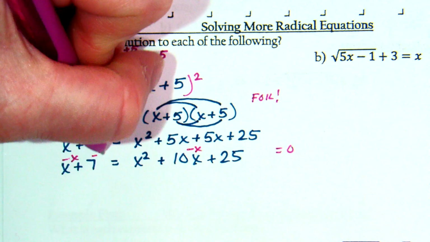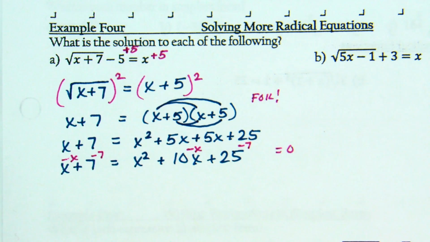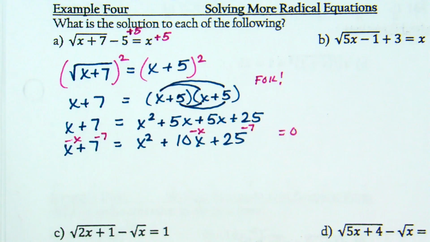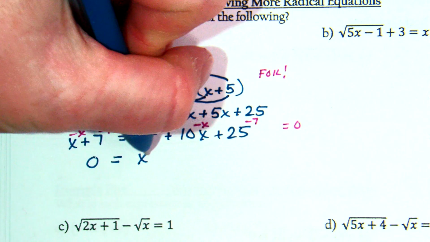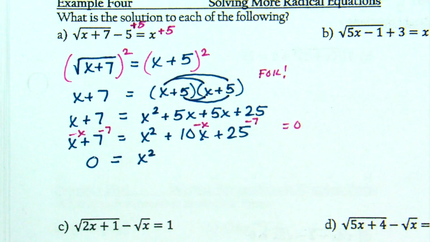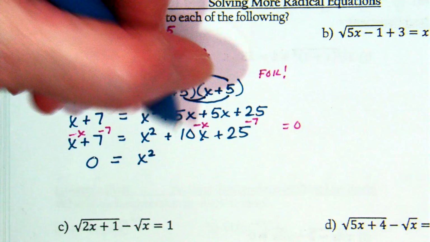On the right, x squared. What is 10x minus 1x? 9x. Help me out, guys. Come on. You can do this. 25 minus 7? 18.